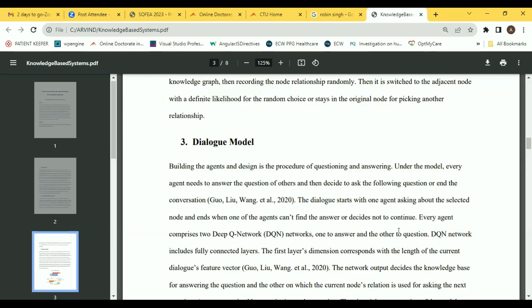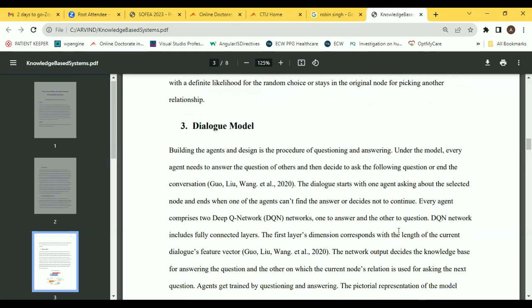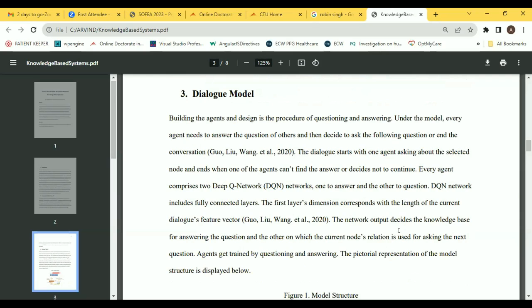Under this particular model, each agent answers the question of others, and the decision is taken for asking the remaining conversation and the questions.